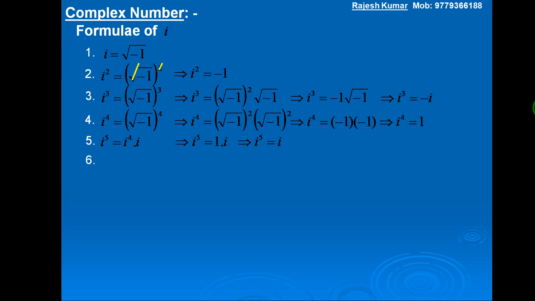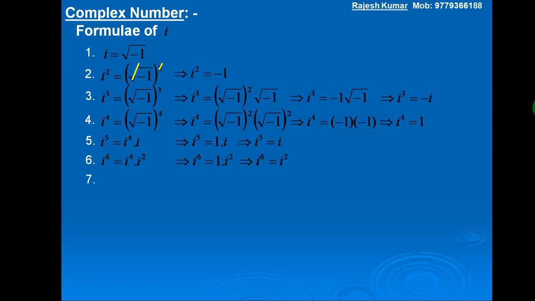Now sixth one, iota to the power 6 is equal to iota to the power 4 into iota square. Again this implies iota to the power 6 is equal to 1 into iota square. And this implies iota to the power 6 is equal to iota square, which is equal to minus 1 from formula number 2.